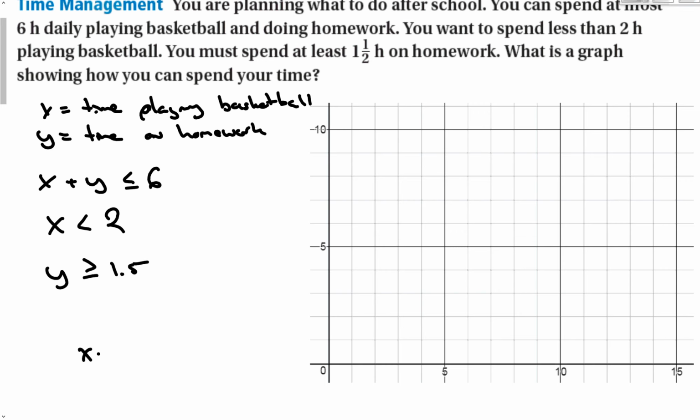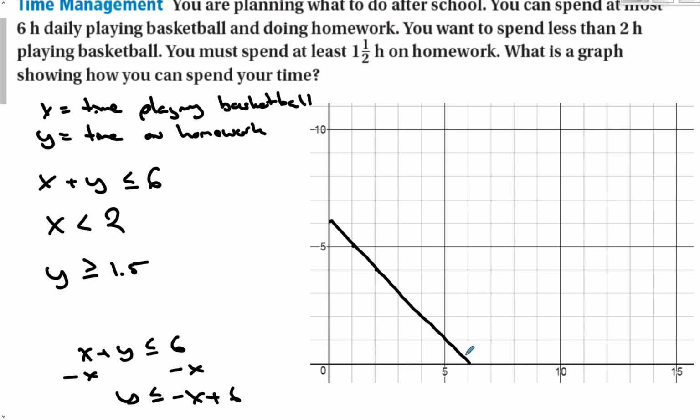We have y is less than or equal to negative x plus 6. So that means it starts there at 6, and my slope is negative 1. Let's try to keep these lines kind of straight. Okay. So there's my first constraint.